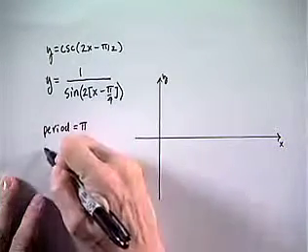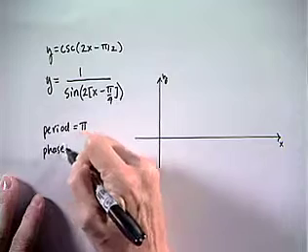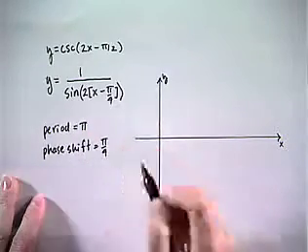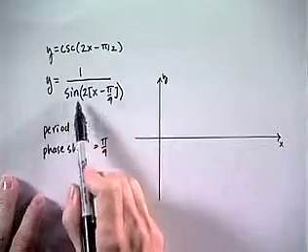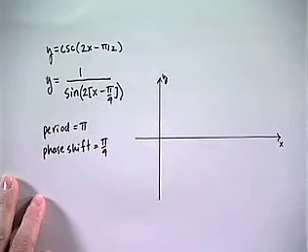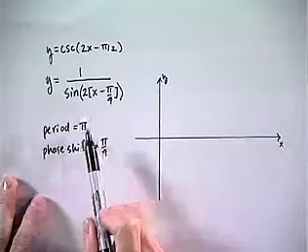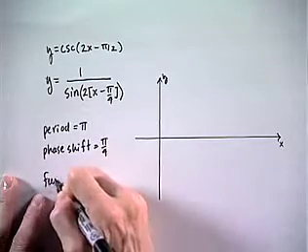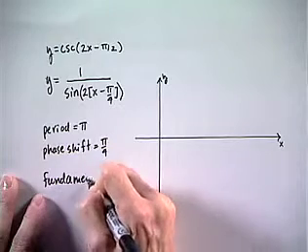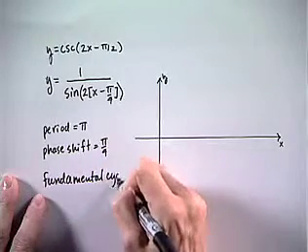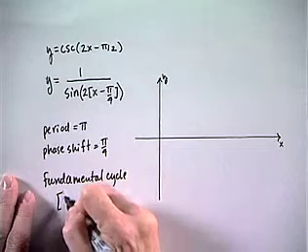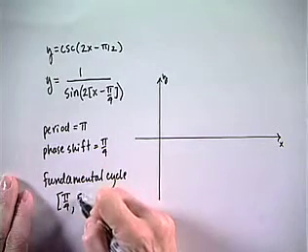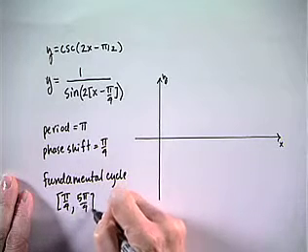And it also tells me there's a phase shift of pi over 4 units. So the fundamental cycle of the sine, if we consider that for the moment, has period pi, and extends from, let me write it this way, fundamental cycle is from pi over 4 and extends pi units, so goes to 5 pi over 4.